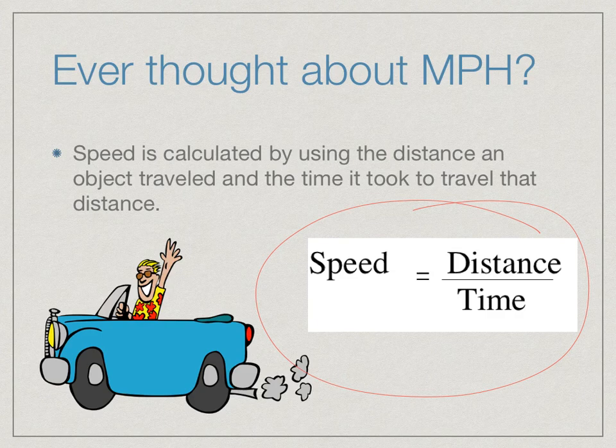It's really important that you put that formula in your notebook because we're going to be using it in just a second. Speed is distance divided by time. So that makes sense when we think about miles per hour because miles are our distance and hour would be the time. So speed, miles per hour, distance divided by time.